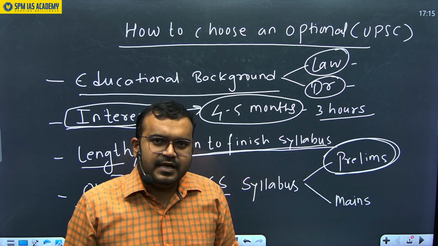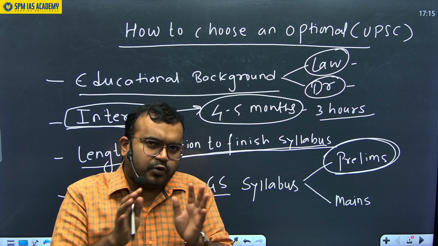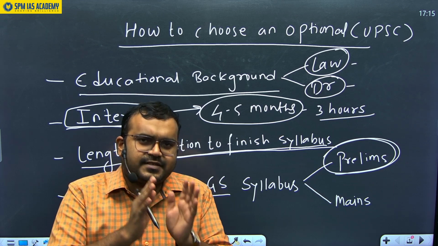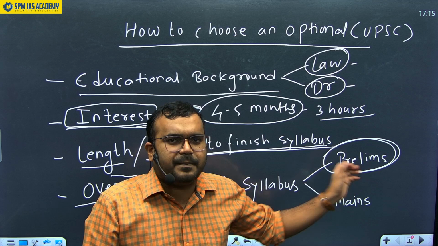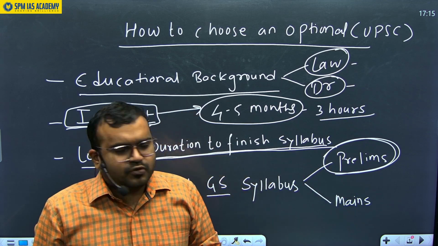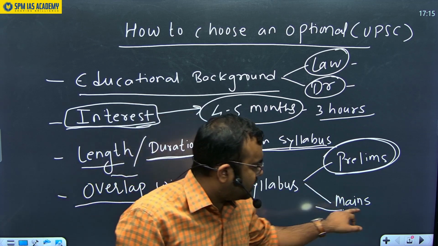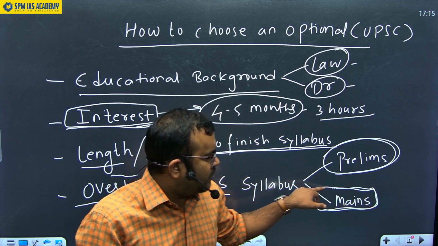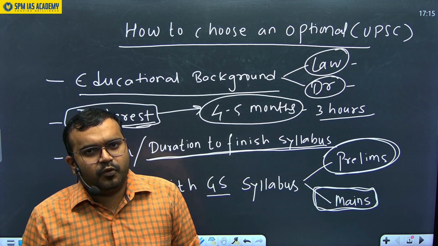Somewhere around 15 to 20 questions you are going to see in your prelims from these different subjects, and at the same time there are other subjects where you will not find any resemblance when you are studying for your prelims. So this choice is going to be there. Then additionally in mains also, in what exact manner that particular subject is going to help you, right?